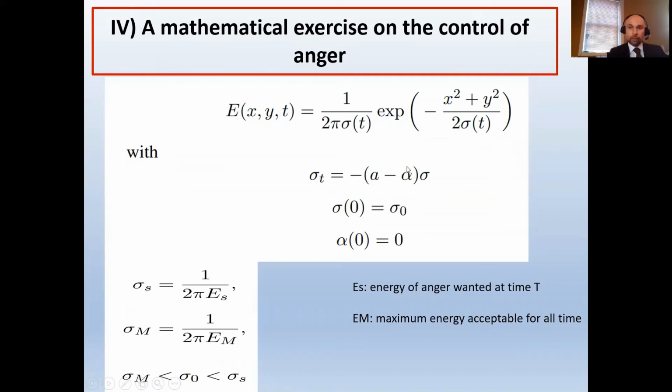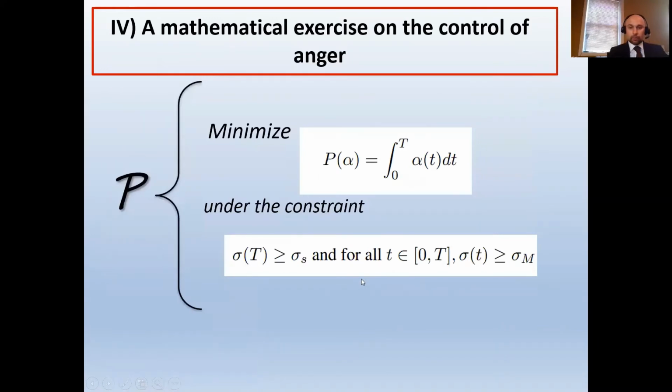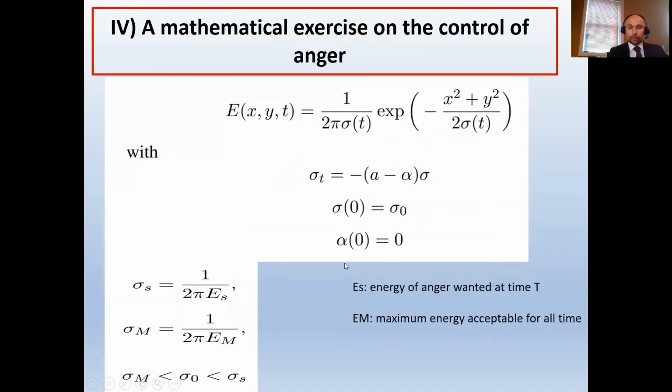Do I control my anger or not? Now, my E_S is the energy.